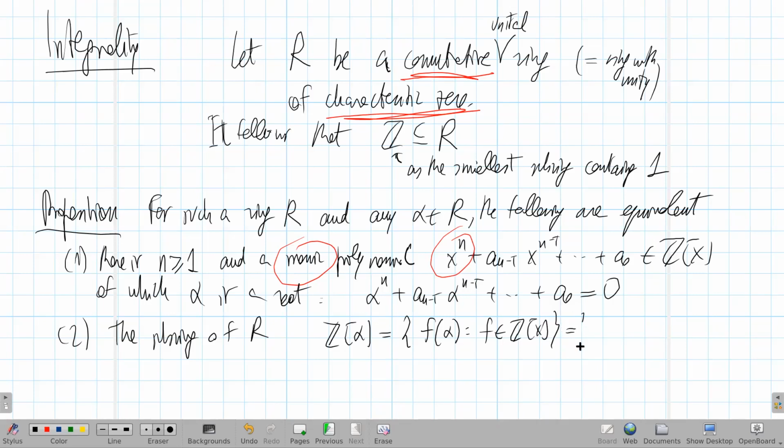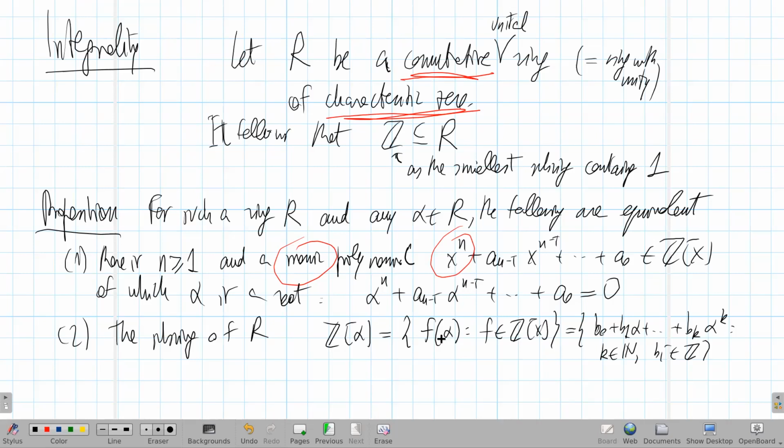Explicitly, this is given by all expressions of the form b_0 plus b_1 alpha plus and so on plus b_k alpha^k, where k is any natural number and the b_i are integers. Okay, but this compact form is superior because you don't need to say for any k and for any b_i. You simply say take any polynomial and evaluate it in alpha. This is the value of the polynomial in alpha.